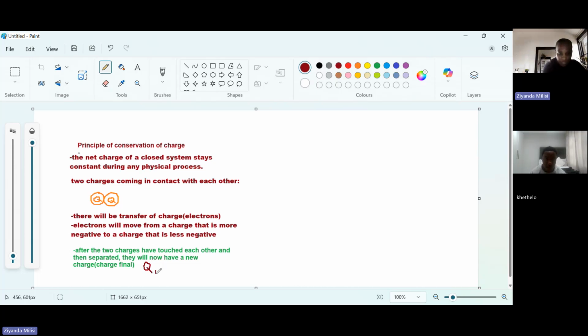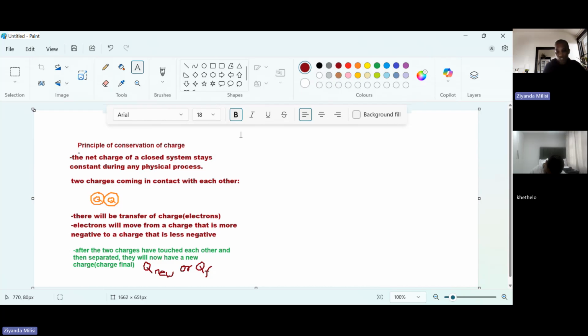If you don't like new, you are going to use Q final. This is one and the same thing, just using a different word. Even for initial, you can say original charge.